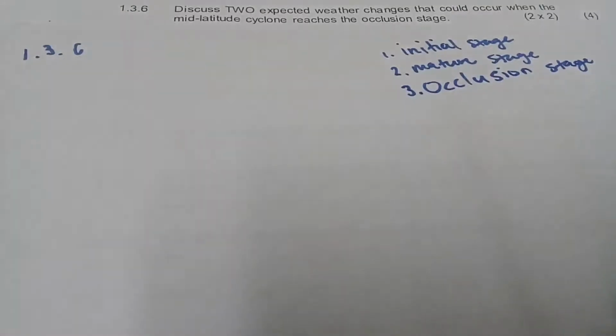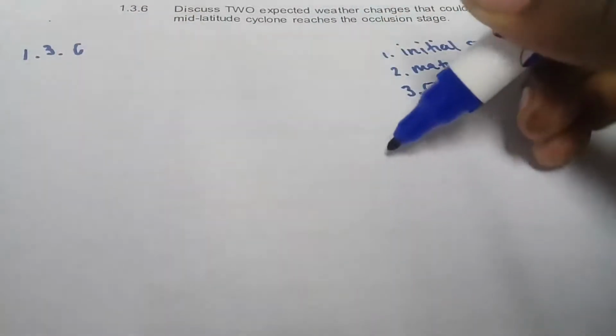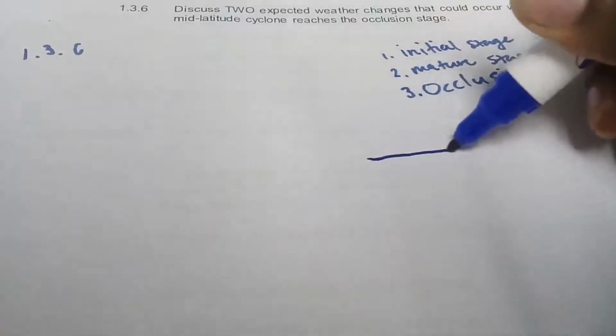In the initial stage, I've explained that two hemispheres meet: the polar easterlies, which are very, very cold and dry, and the tropical westerlies are going to meet these. Let me just draw here.